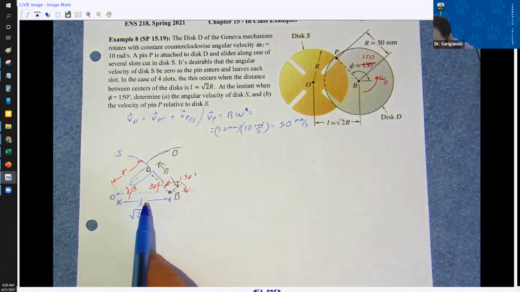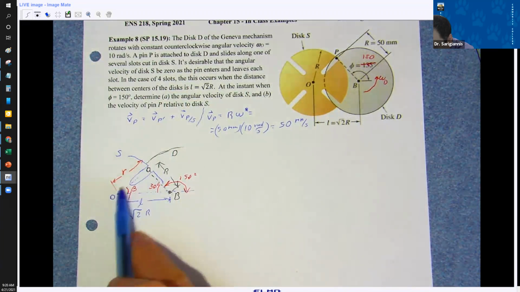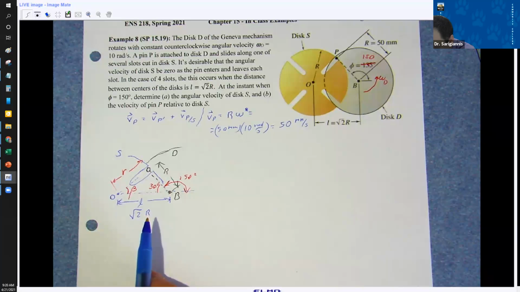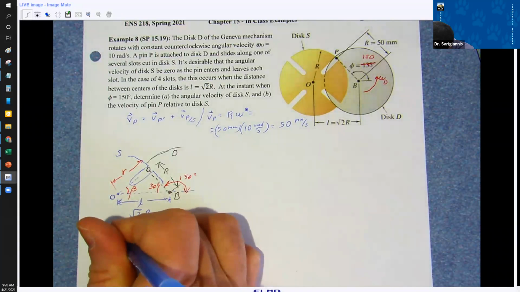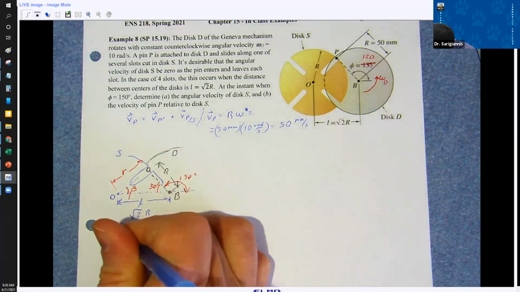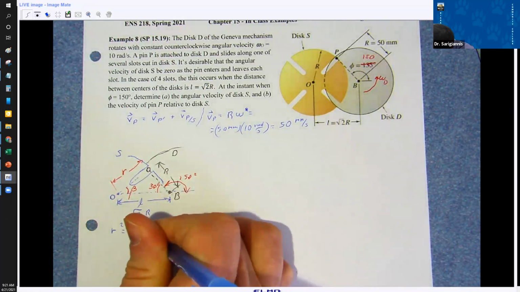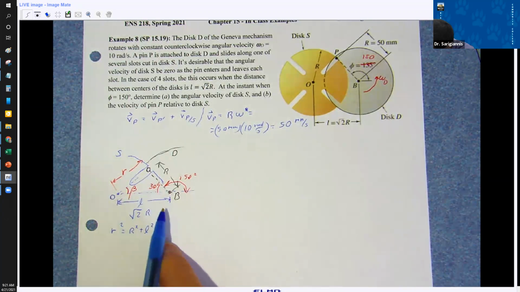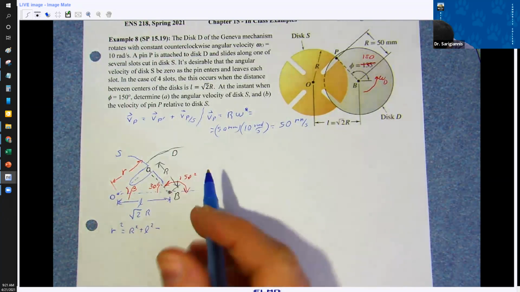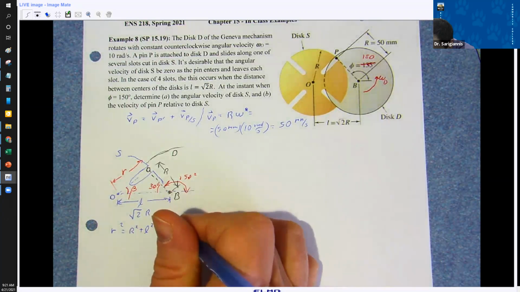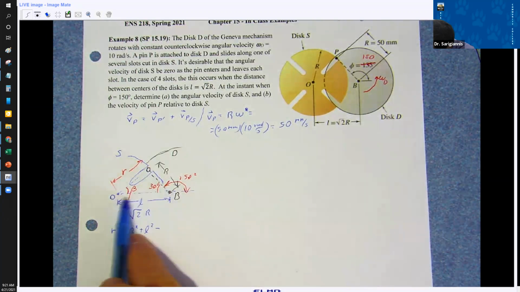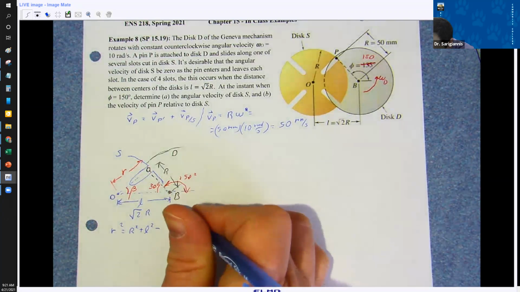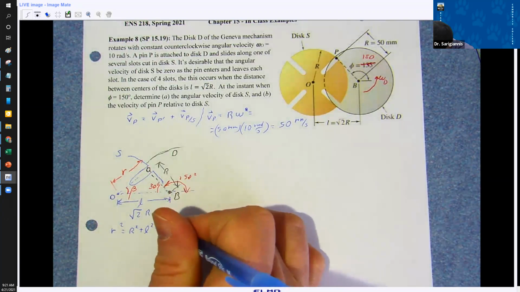So now we can actually figure out little r here. Are we given the radius? Well, let's write this out. We can use the law of cosines, because we don't know for sure what this is, but we know this R and this L. r squared equals R squared plus L squared minus 2RL cosine 30.